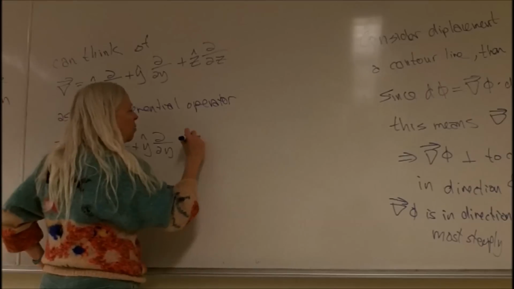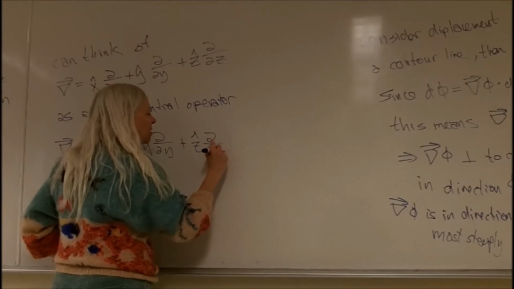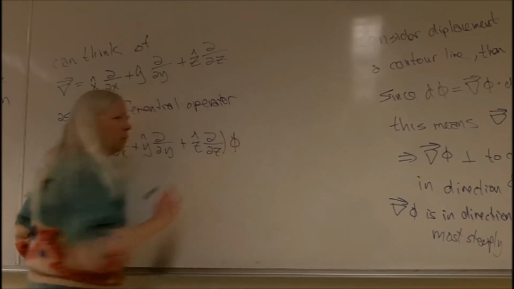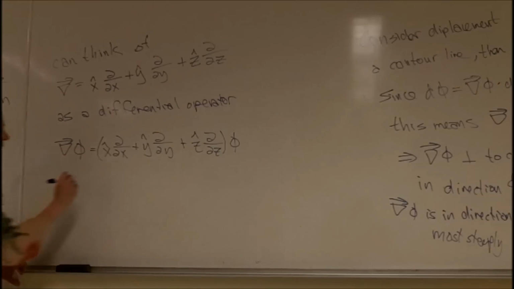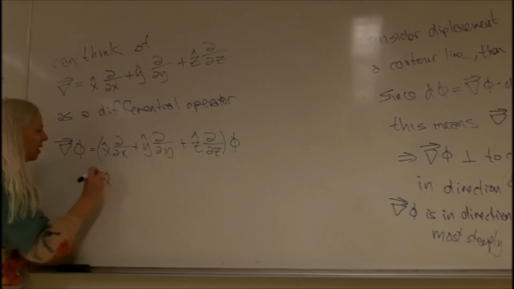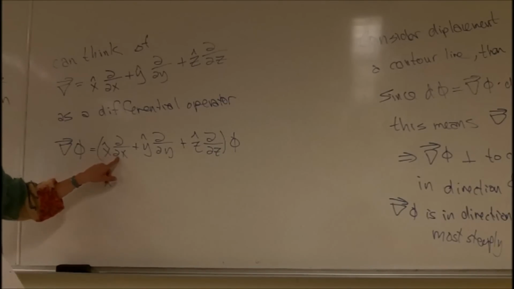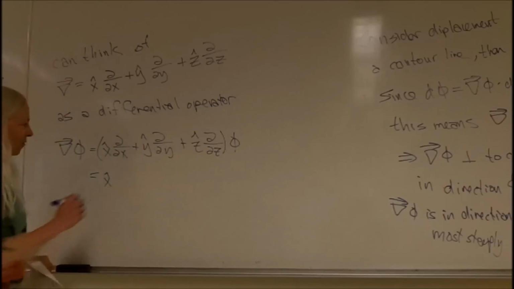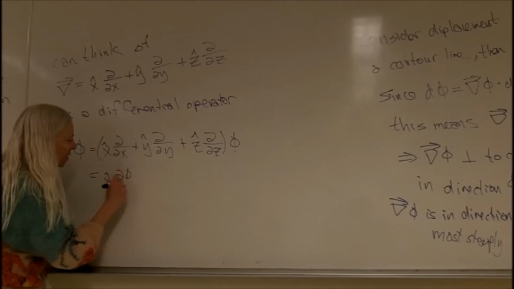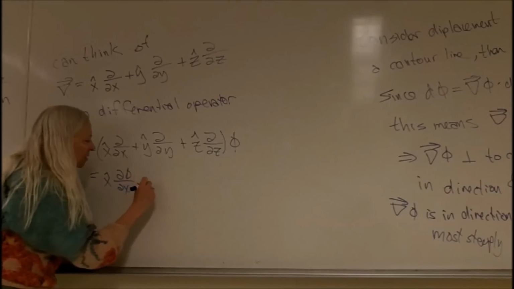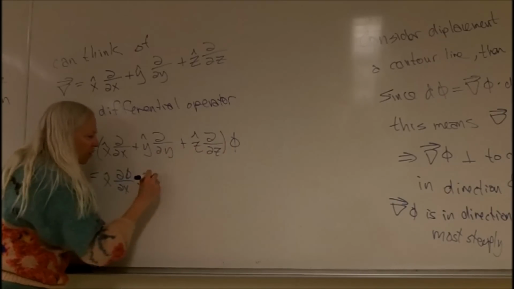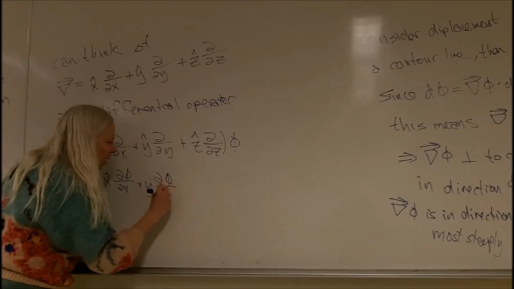we have this quantity right here operating on whatever comes after it, namely the phi, and that means that this derivative will operate on the phi, which of course gives us d phi dx. And similarly, this will operate on the phi, giving us a d phi dy.